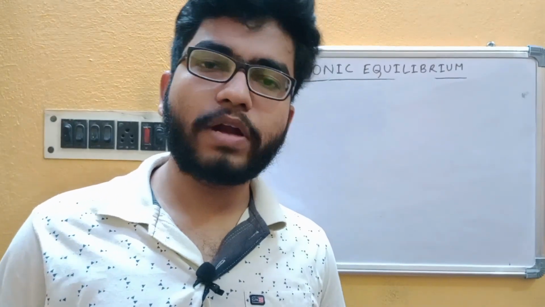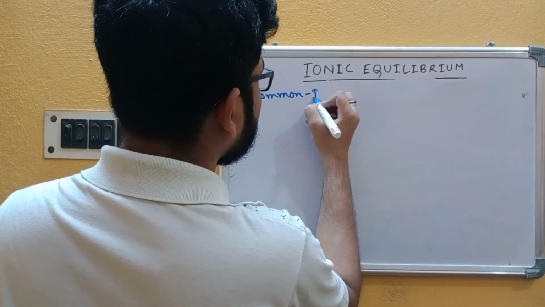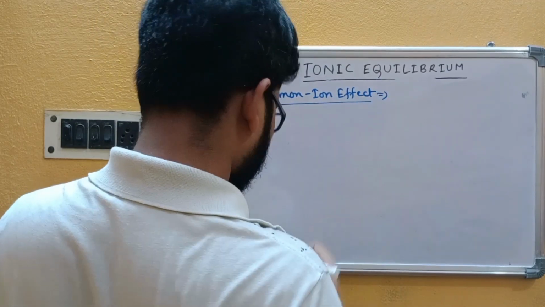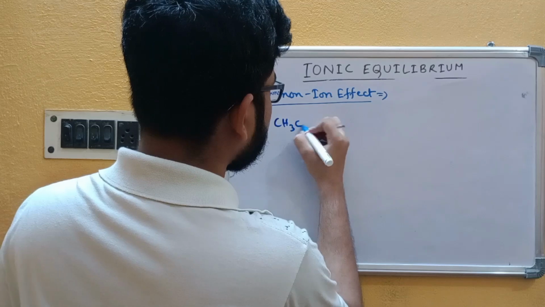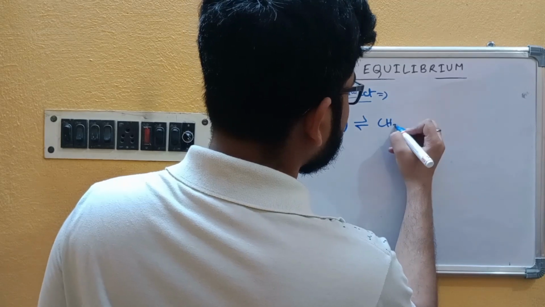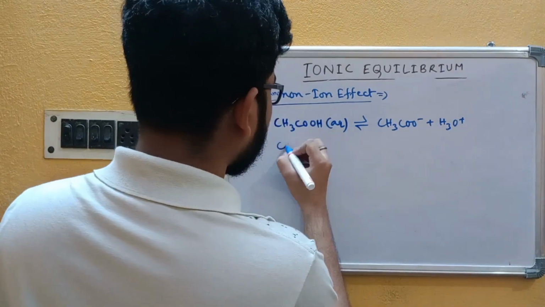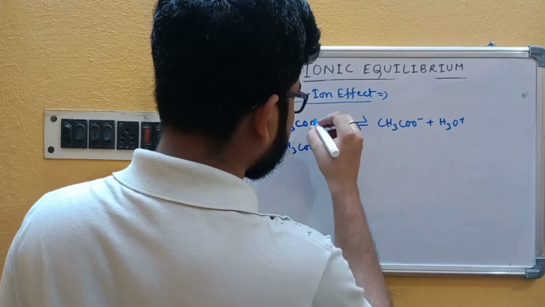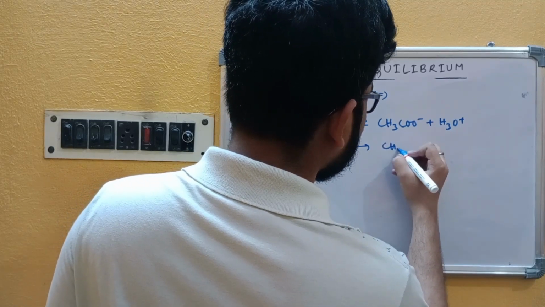Now we will discuss about common ion effect. Understand the common ion effect by an example. Suppose we consider acetic acid in aqueous solution and it partly dissociates, and if we add CH3COONa, which is a strong electrolyte, in this solution of CH3COOH, then it completely dissociates.